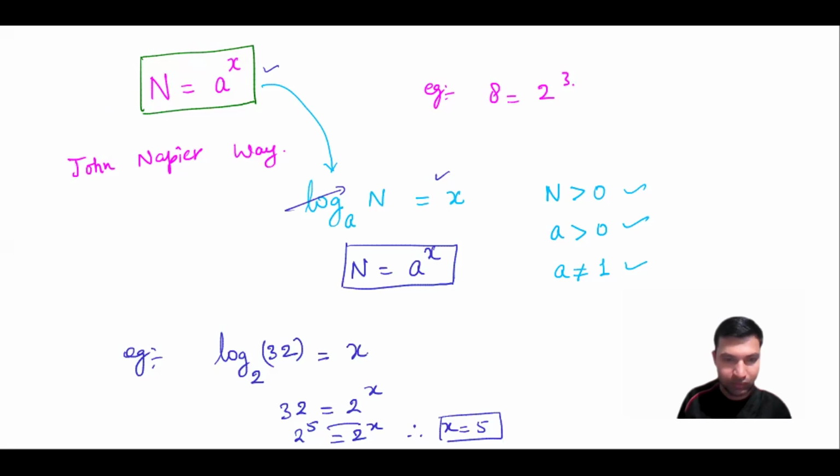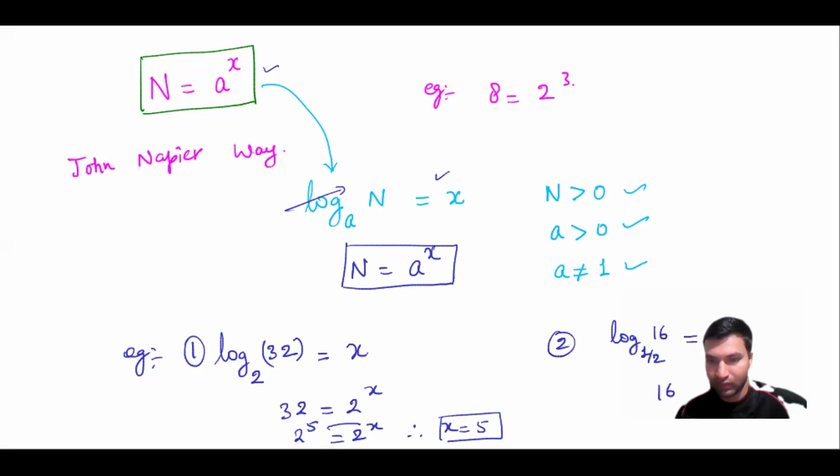So this is the first example. Let me take the next example. Let's suppose we have log of 16 to the base 1 half. Let's assume this value is x, and therefore I can write 16 equal to 1 half to the power x. Now 16 is 2 to the power 4, and 1 half is 2 to the negative 1, whole thing to the power x.